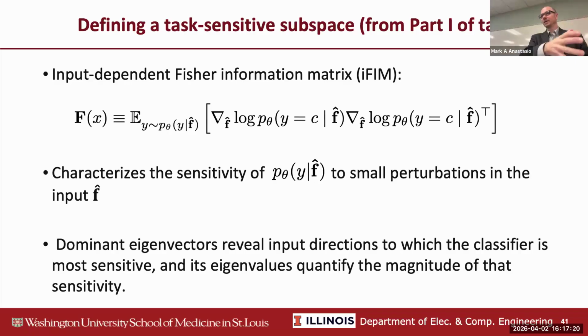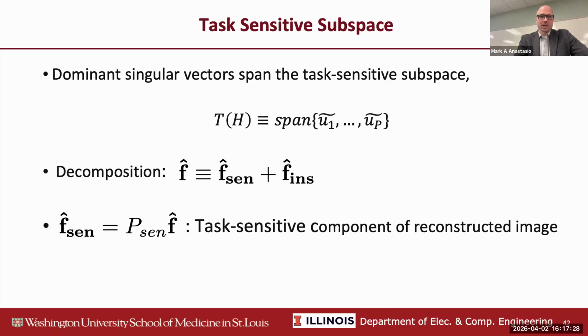We'll identify the dominant eigenvectors, define the subspace of the sensitive directions, and then we can take our reconstructed image F hat and decompose it into two pieces: one piece projected onto the sensitive subspace and the other projected onto the insensitive subspace.